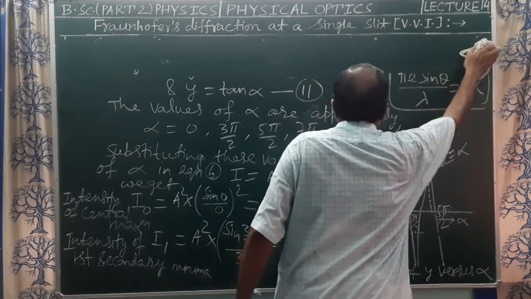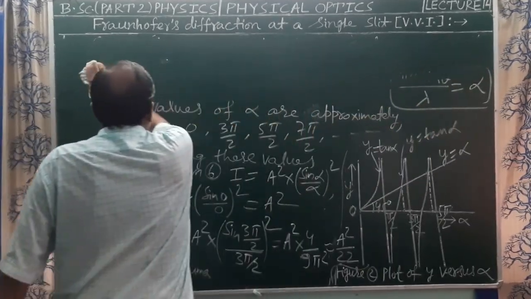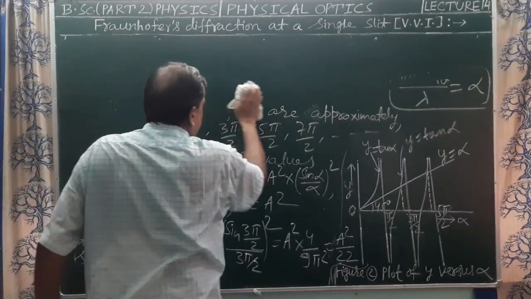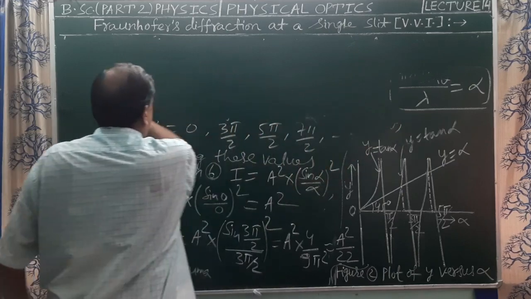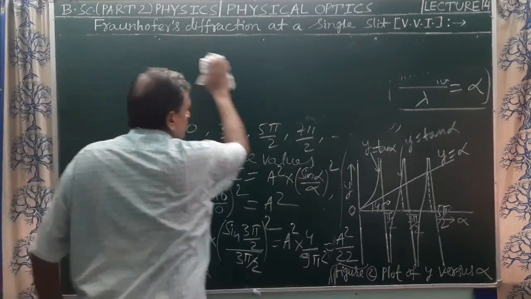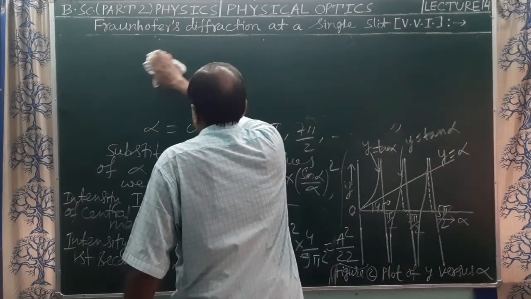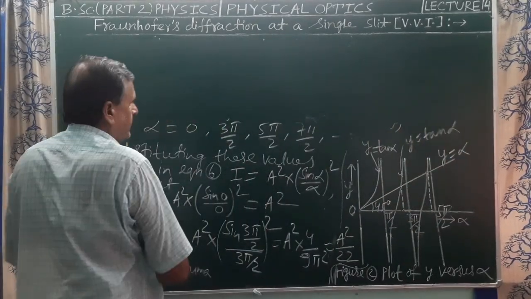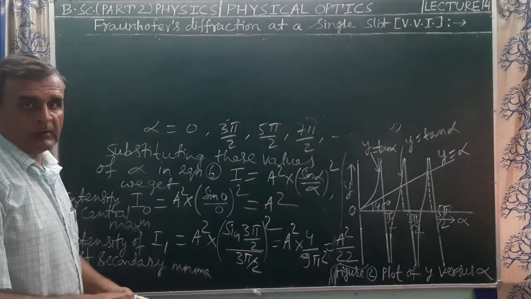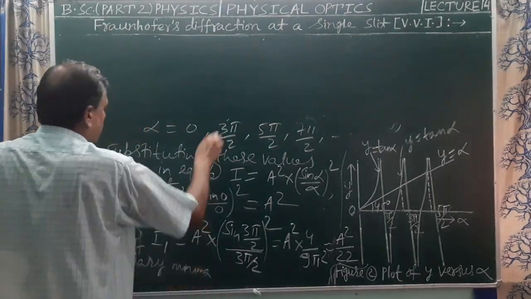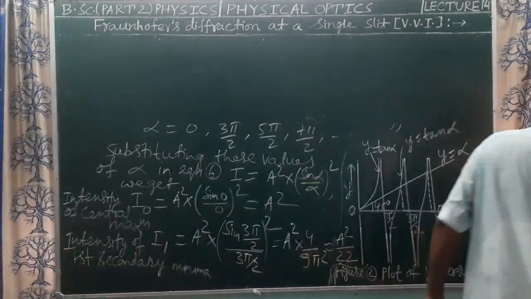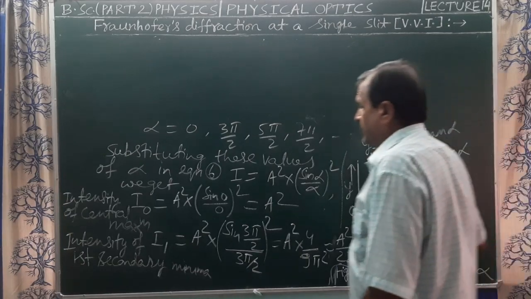So putting alpha equal to 5 pi by 2, another position of point of intersection of the two curves, that is y equal to alpha and y equal to tan alpha.